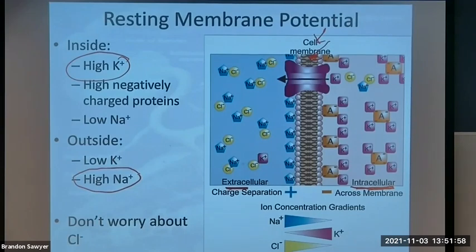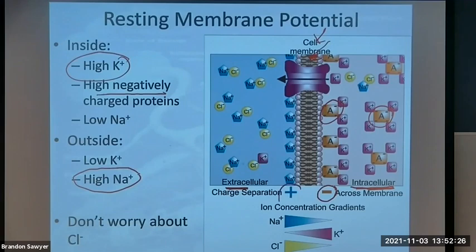Okay, but then on the inside, we also have lots of these highly negatively charged proteins. Okay, those are represented by these A's with the negatives on them. And so what this results in is the inside of the cell being much more negatively charged than the outside of the cell.